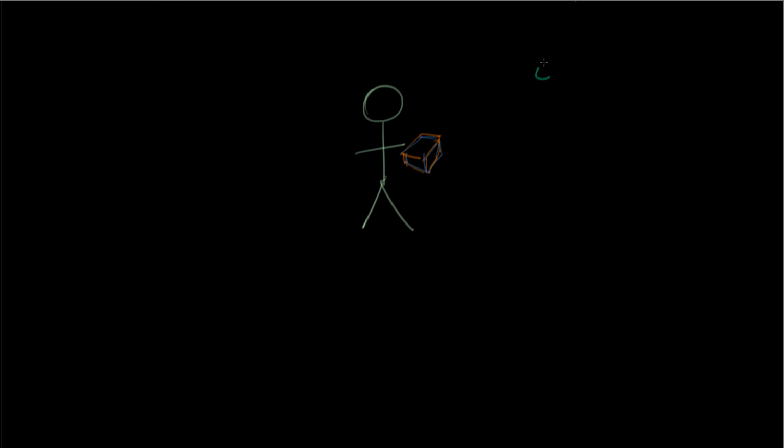I'm going to draw that at some point there was me, and then there was me with a box. Right. Okay. So this is another way to look at what happened.